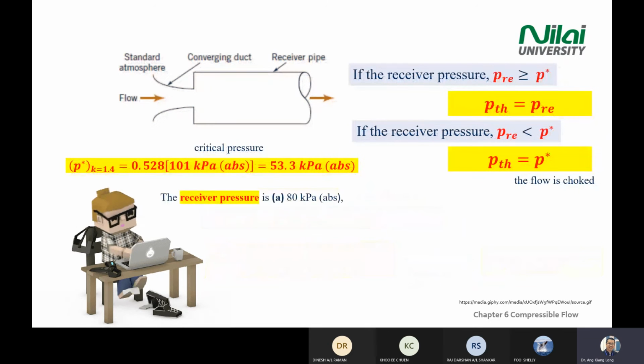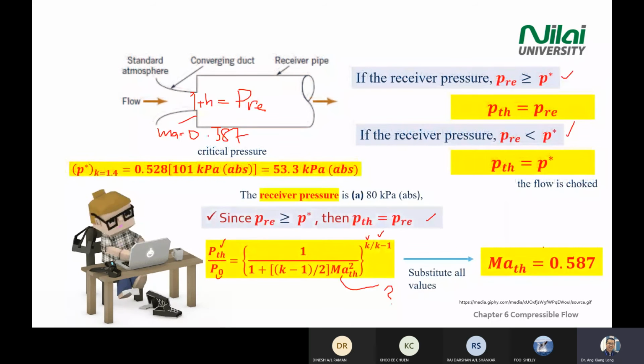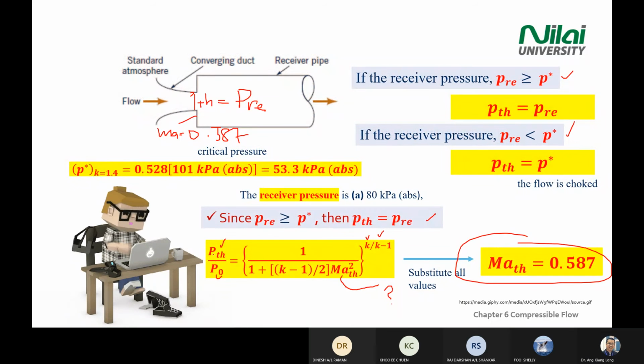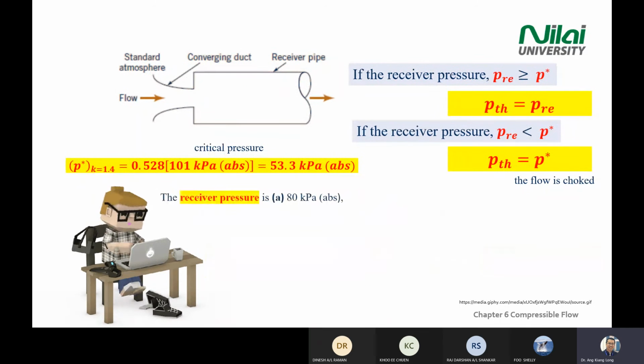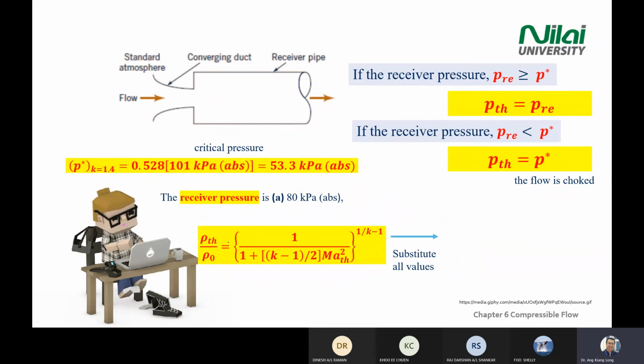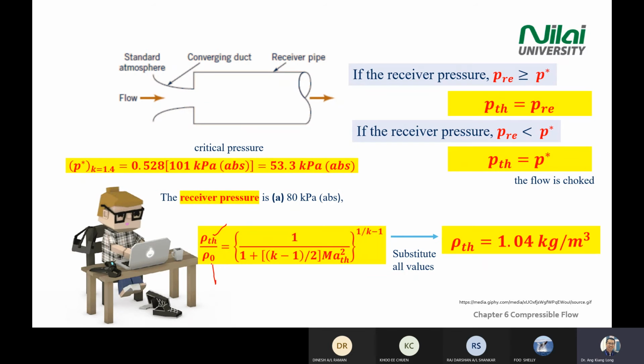Move very fast. So once you find the Mach number already, you can solve all the question already. You substitute back to density ratio. You get the density at throat because the density of air you know. Mach number you know. K you know.